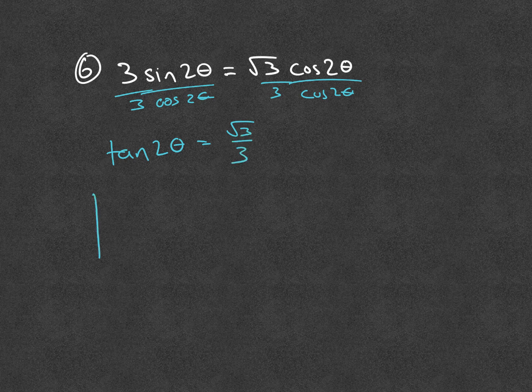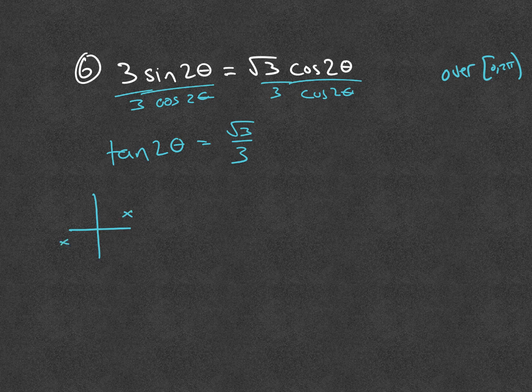All right, well, where does tangent equal root 3 over 3? And again, this is going to be over 0 to 2 pi. Tangent equals root 3 over 3 here and here, positive.